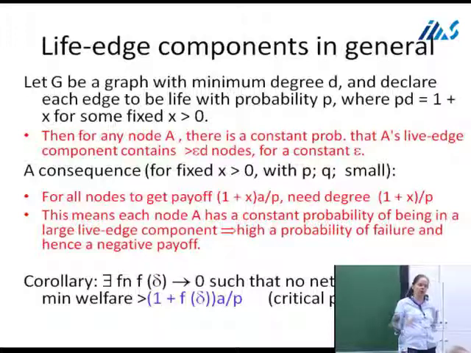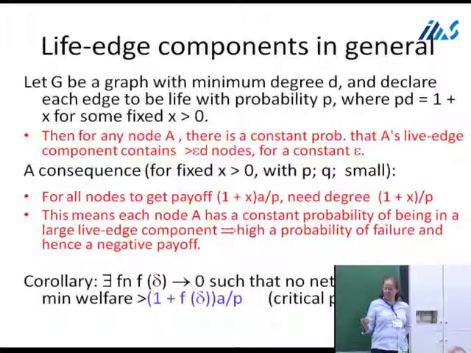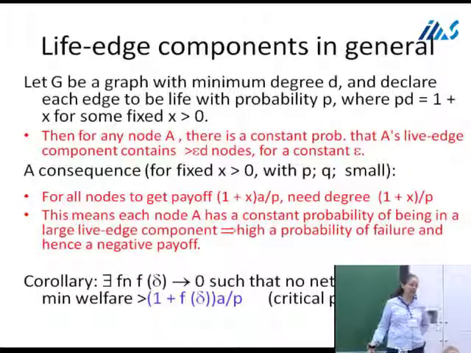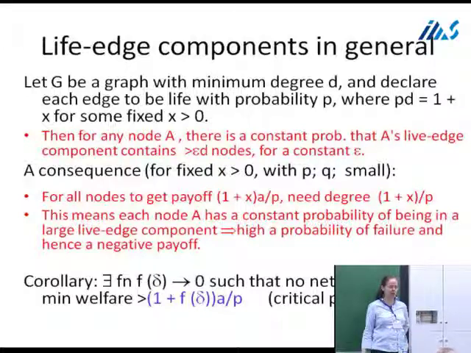I promised up front that this is the maximum payoff you can have, this 1 plus a little bit times a over p. Suppose you wanted a bigger payoff than this. Since every edge gives you a benefit of a, you're going to have at least 1 plus f of delta over p, that is, of the form 1 plus x over p in degree. That's how you get that much benefit, even ignoring the negative subtraction from it.